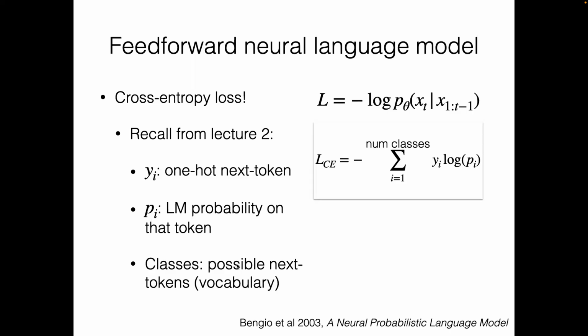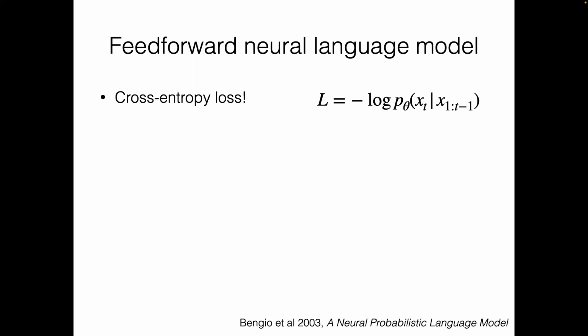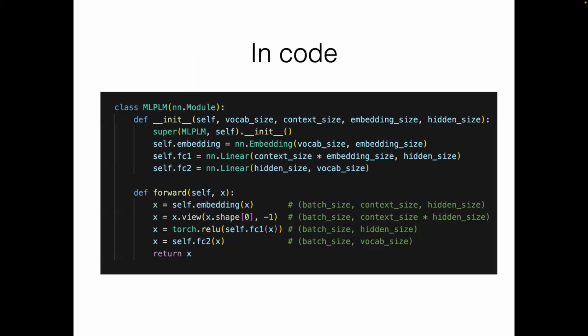And this also makes it very practical to train language models. The cross-entropy loss is pretty simple, you can implement it efficiently. And so now we have a way of training these language models by framing it as next token classification. Pretty cool idea there.